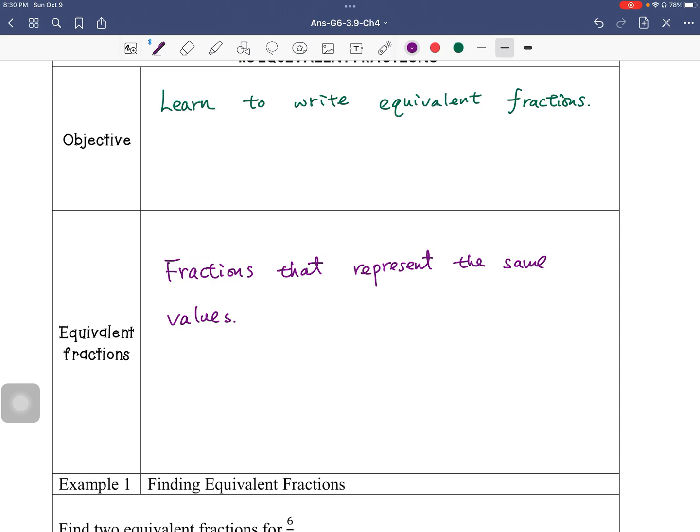Equivalent fractions are different fractions that represent the same value, such as 1 over 2 equals 2 over 4 equals 4 over 8.